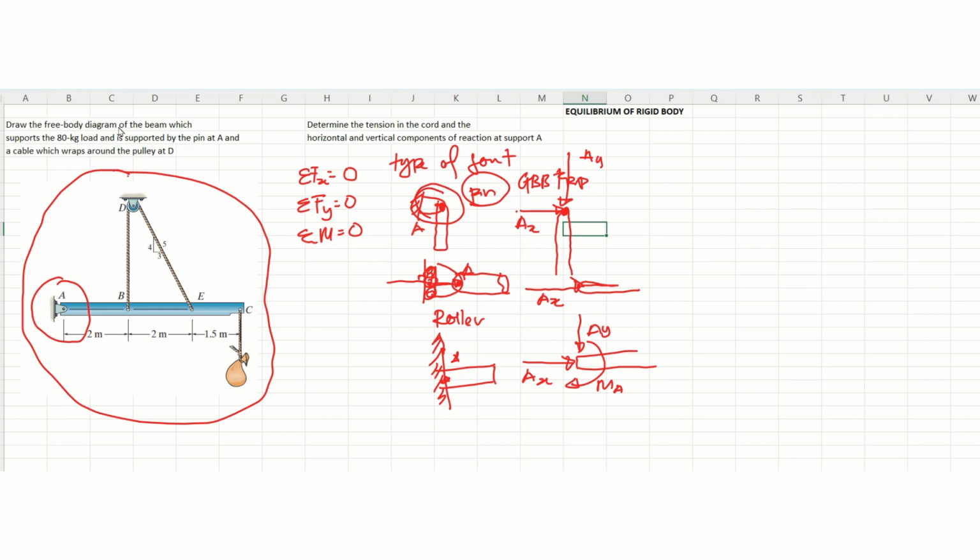The question is this: draw the free body diagram of the beam which supports the 80 kilogram load and is supported by the pin at A and a cable which wraps around the pulley at D. The question wants us to draw the free body diagram.